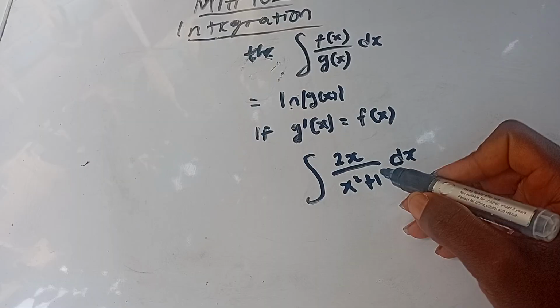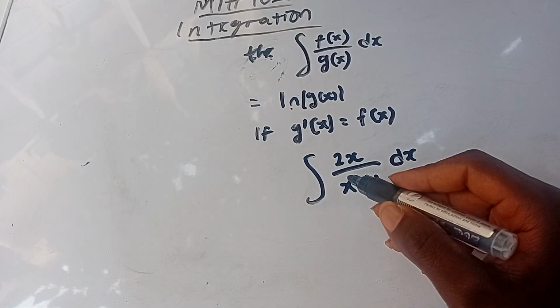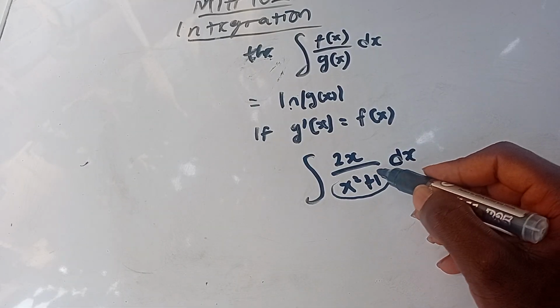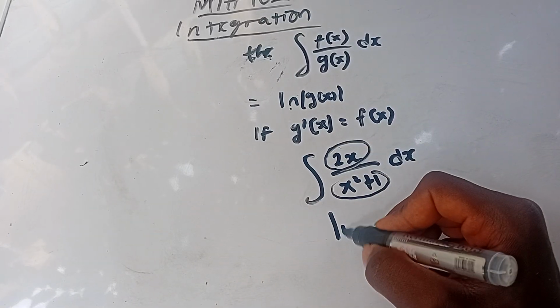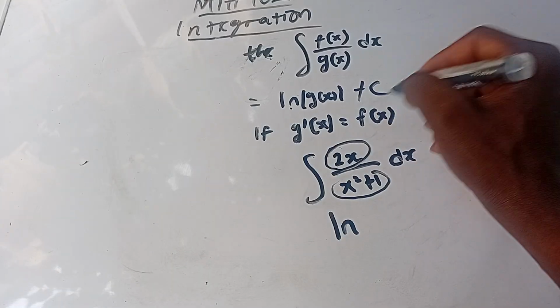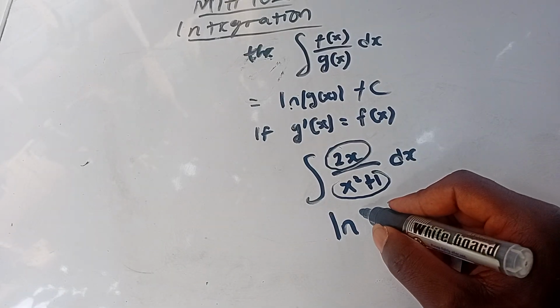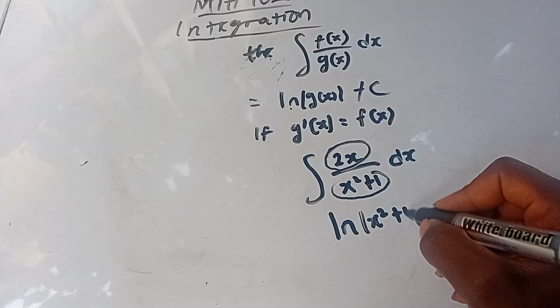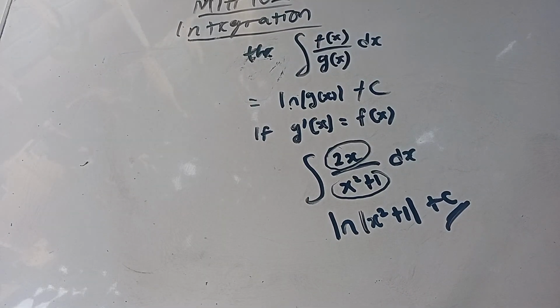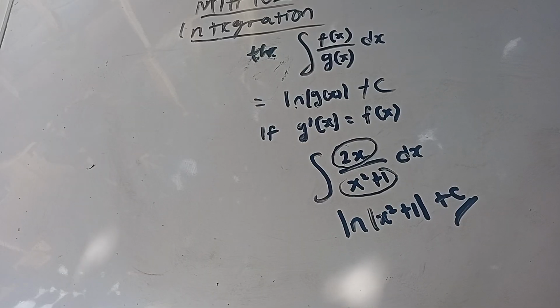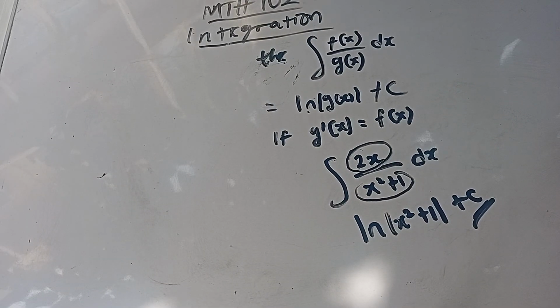So the derivative of x squared plus 1 is equal to 2x. Because when we differentiate the denominator, it gives us exactly the numerator, the final answer equals ln of x squared plus 1, plus c, which is the ln of the denominator. It's a rule you need to understand very well, so please take note of that. But there are some cases where the question will not look like that. So we have to.